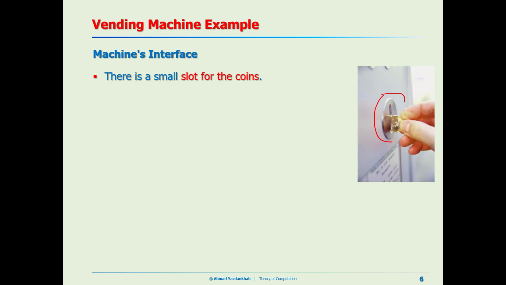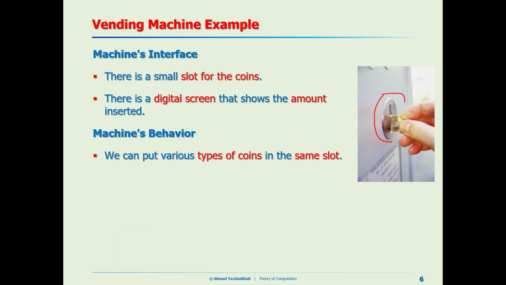And there is probably a digital screen that shows how much coin you inserted. So when you insert a coin, what would happen? How does the machine behave? Based on the type of that coin, it shows something, right? Just notice that we have one slot for different types of coins.